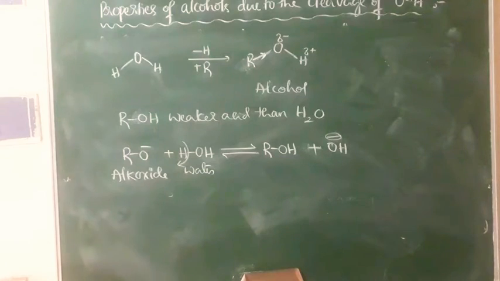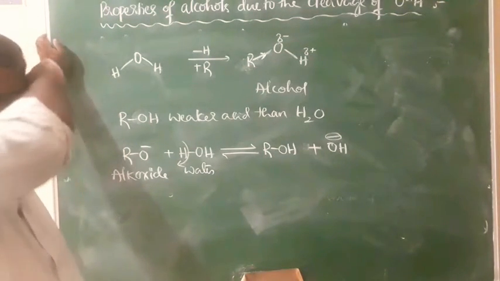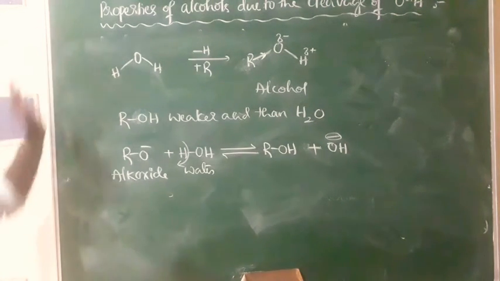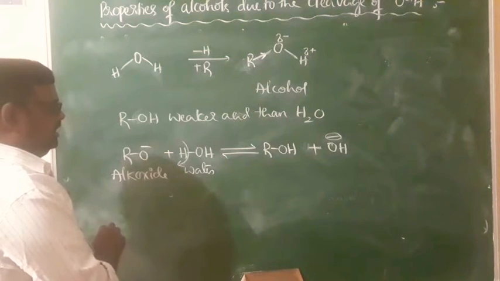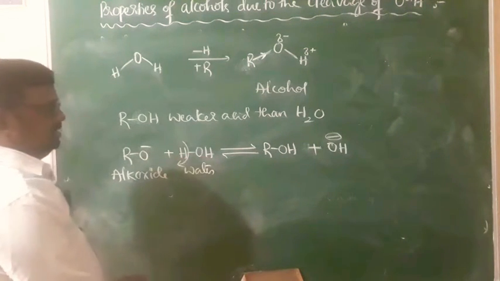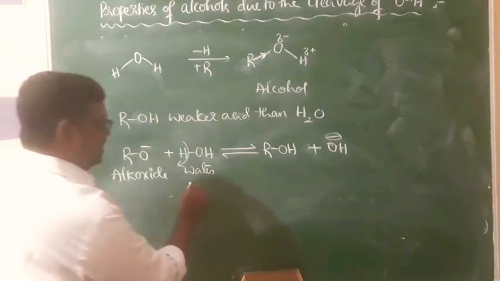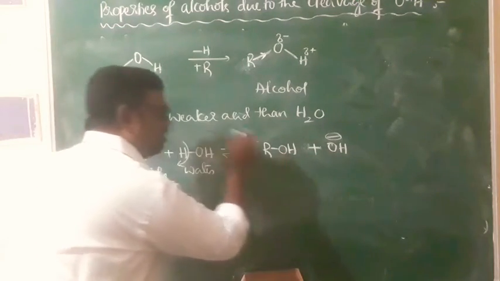Because on the basis of this, I am going to justify that water is a stronger acid than alcohol. We already said that water is an acid and is stronger than alcohol. When water reacts with an alkoxide, you get alcohol.